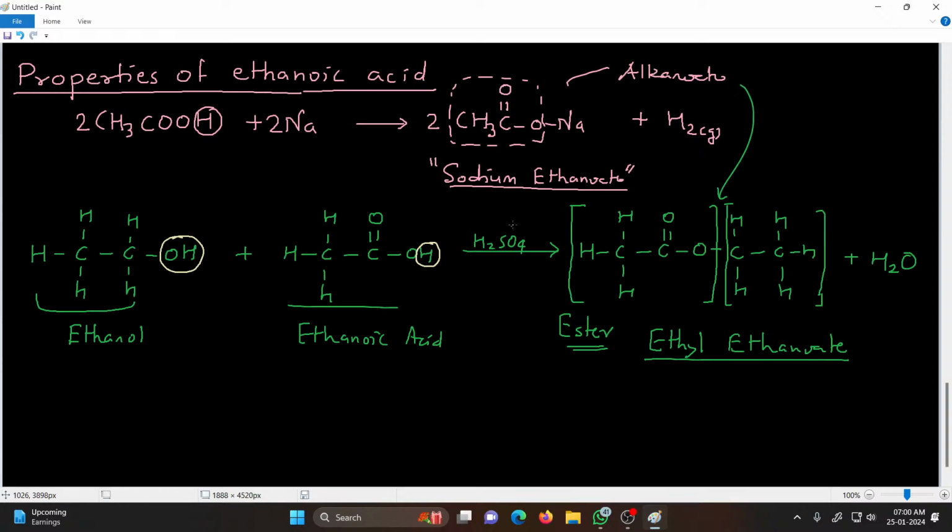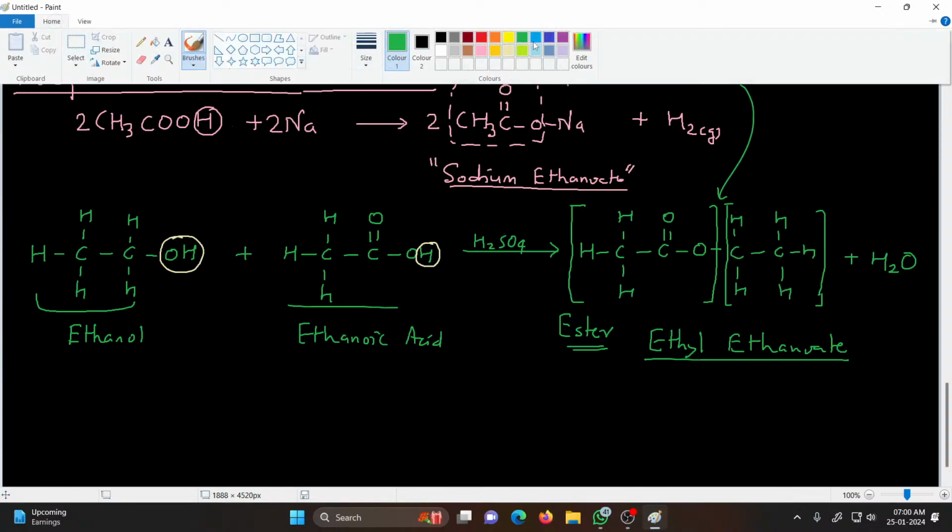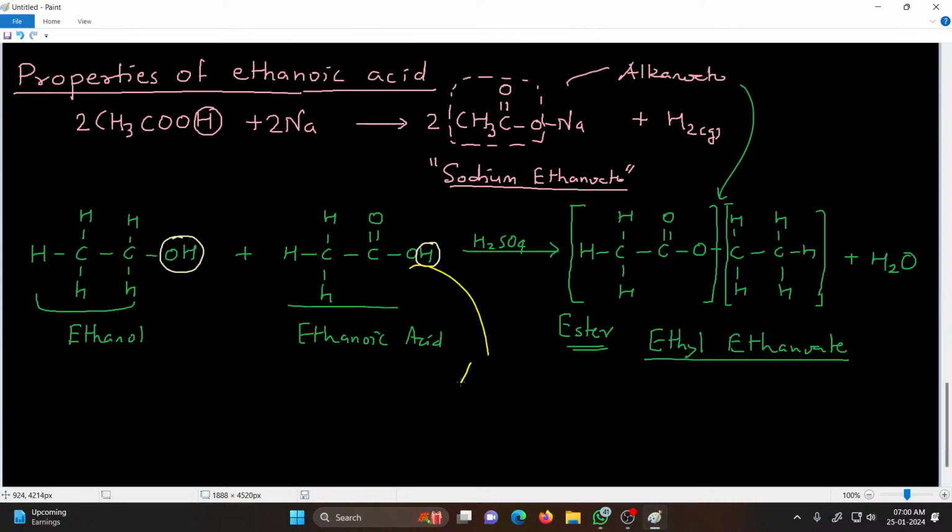So acid will always give the alkanoate part of the ester, and alcohol will always give the alkyl part of the ester. So suppose you have to prepare another ester like propyl butanoate.